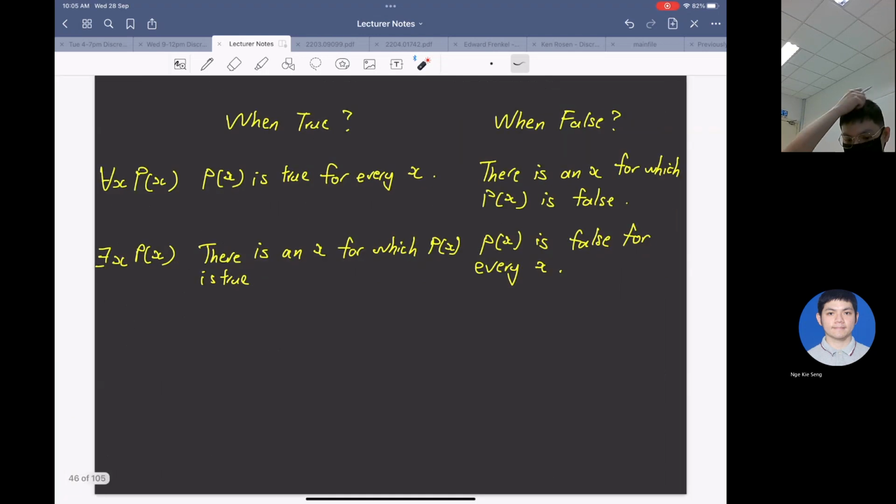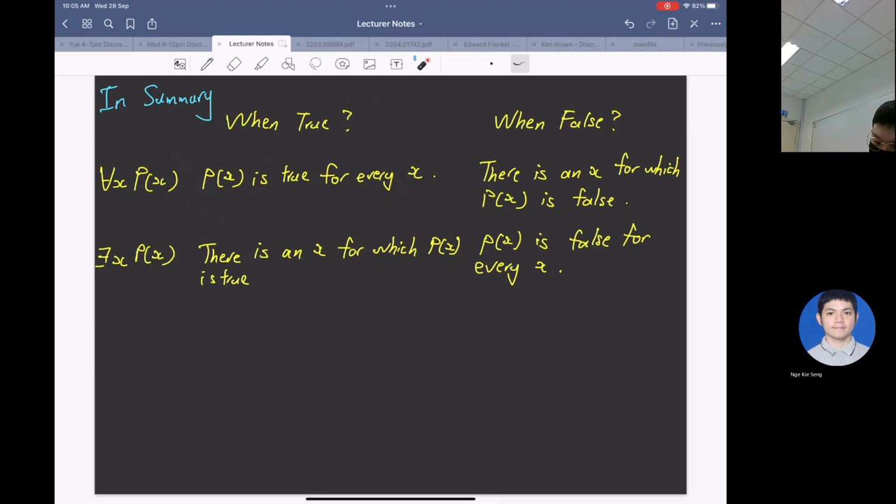So in summary, if you want to show that for every x, P(x) is true, you need to test it for every x. You need to show it is true for every x. Sounds hard, right?